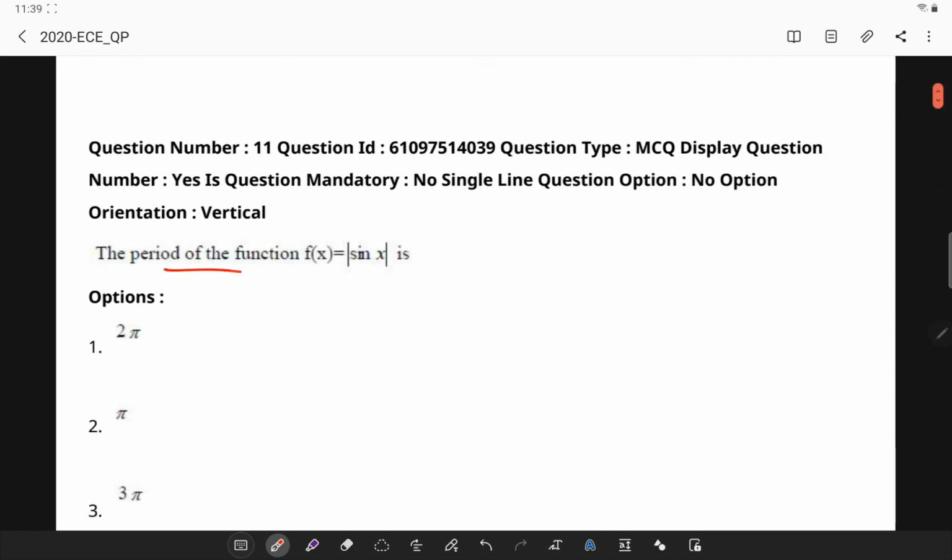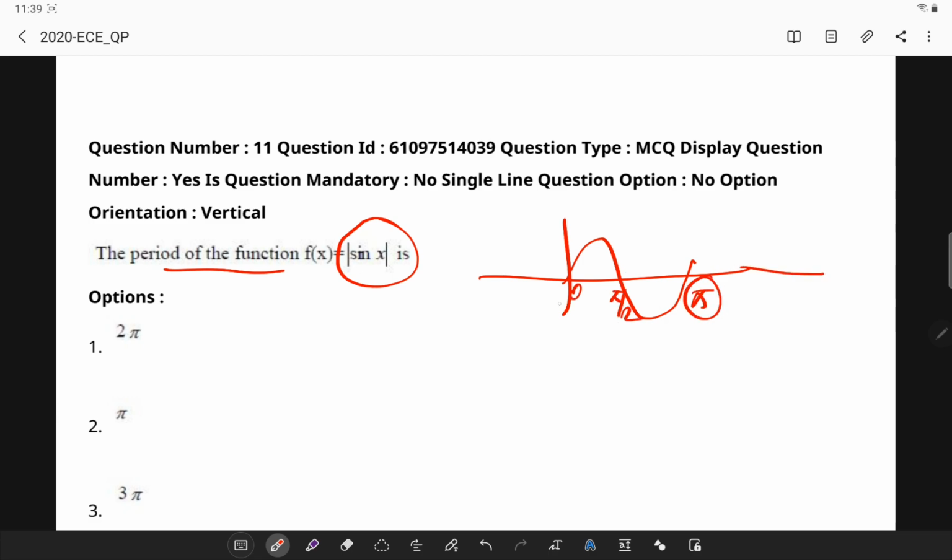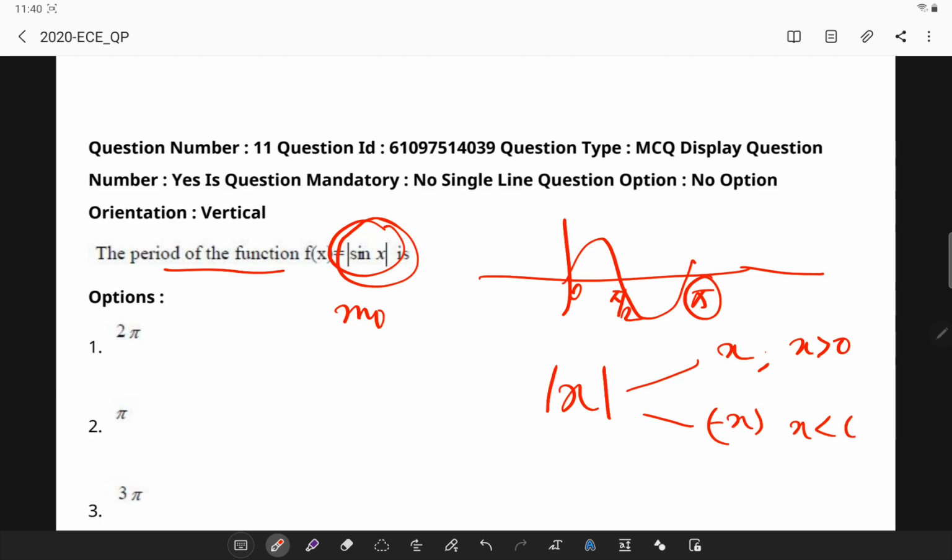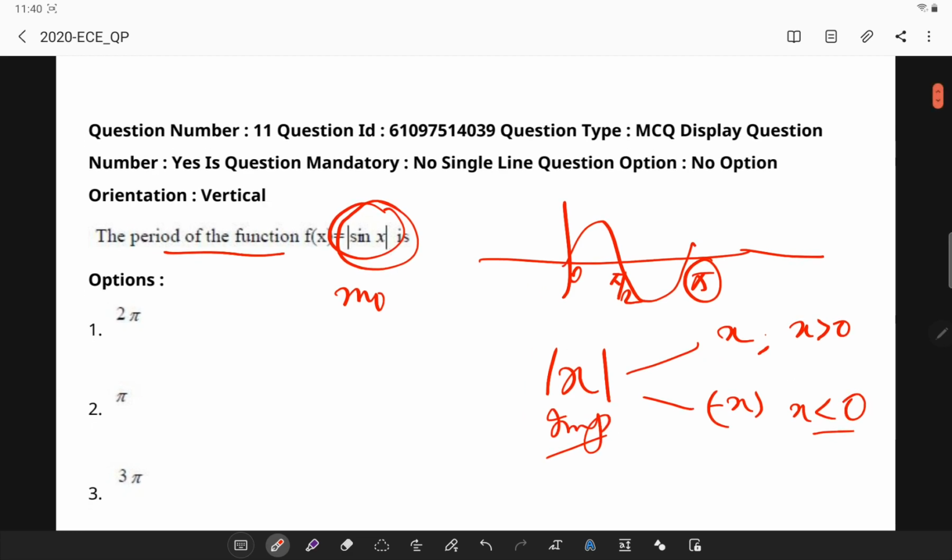So next, the period of the function mod sin x. Sin repeats at every pi. Here the value is given as a modulus. So mod x has a definition. Mod x is x when x is greater than 0, and minus x when x is less than 0. Very important, the student has to remember this.